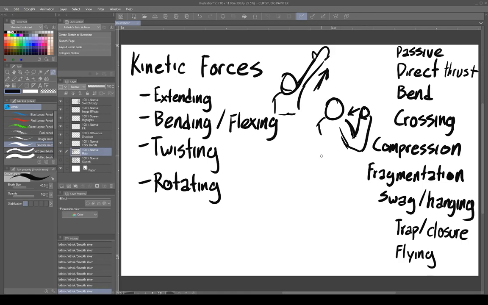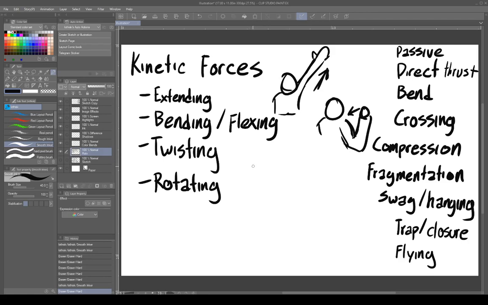Twisting and rotating are two different things. When I'm talking about twisting, I'm talking about any time that the form of a single member of the body twists.